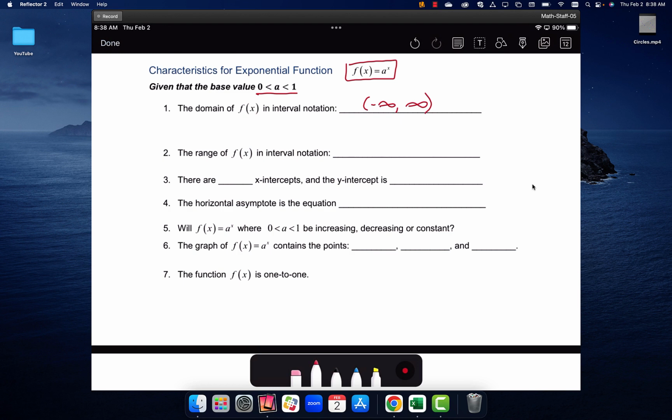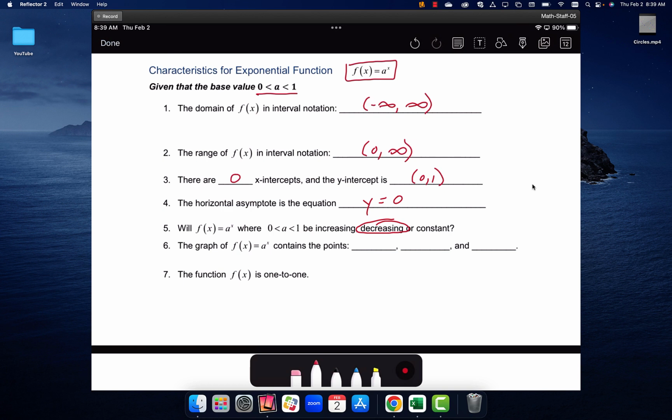The range, 0 to infinity. Still no x-intercepts, and the y-intercept, 0, 1. The horizontal asymptote is still y equals 0, the x-axis. And if we refer back to that second graph, we saw that it was a decreasing graph.